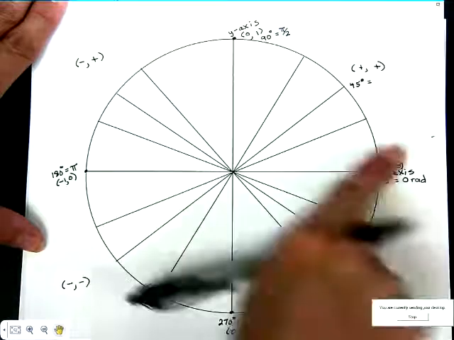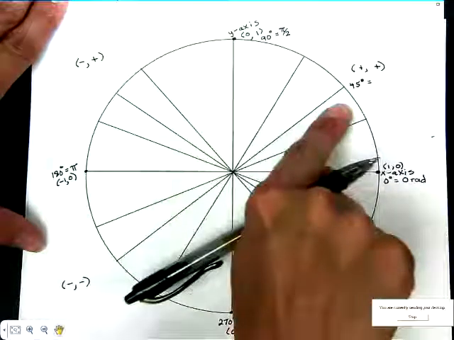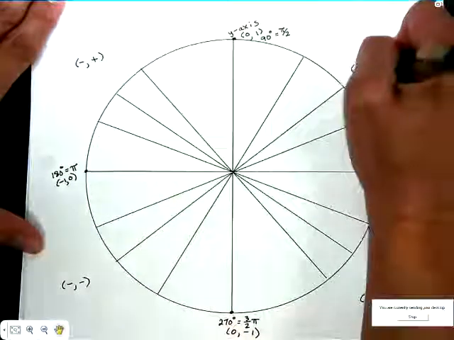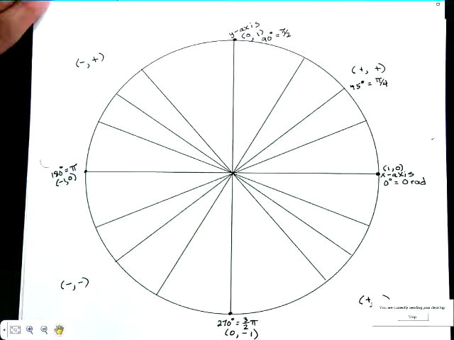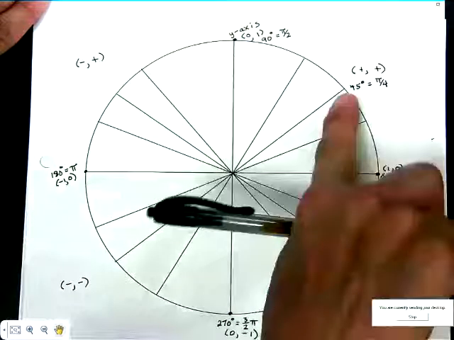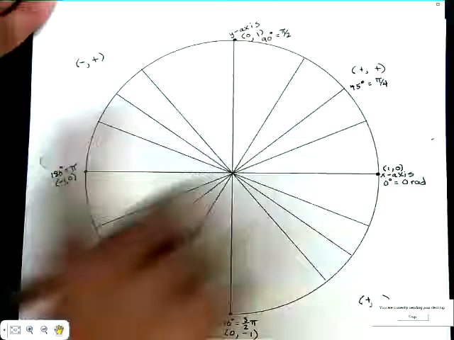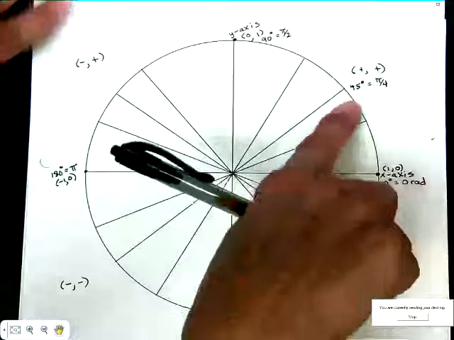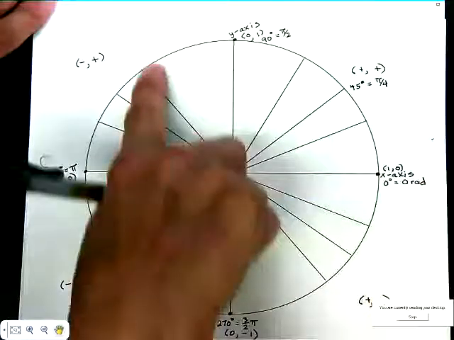If it's halfway to pi over 2, then it's pi over 4. As a matter of fact, I'm going to go all the way around the unit circle counting by 45 degrees, and then I'm going to come back and count around the unit circle by pi over 4 to have the degree and radian measures of each of those 45-degree angles.